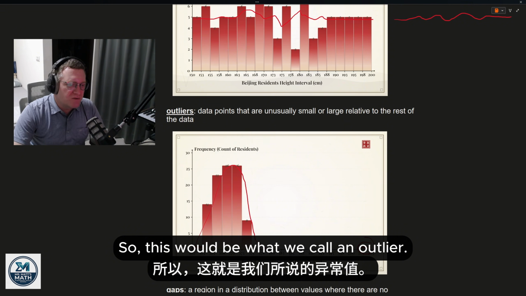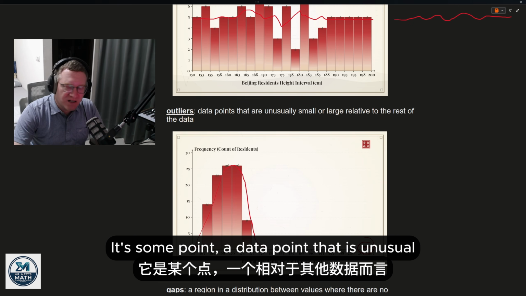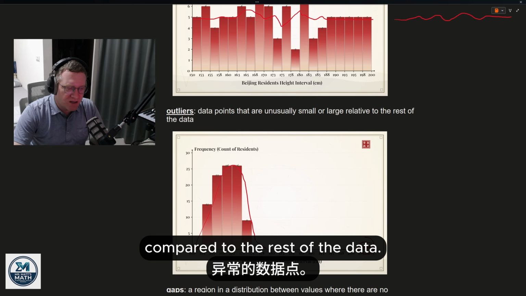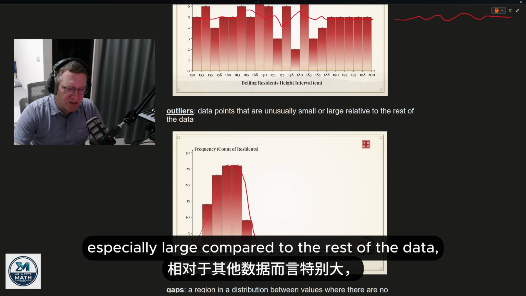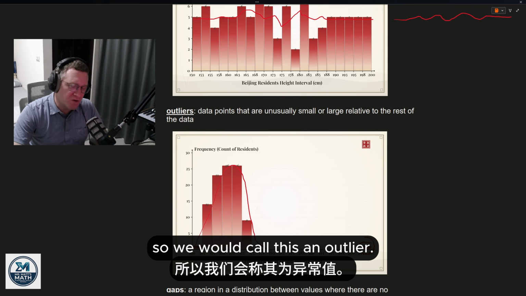This would be what we call an outlier. It's a data point that is unusual compared to the rest of the data. This one is especially large compared to the rest of the data, so we would call this an outlier.